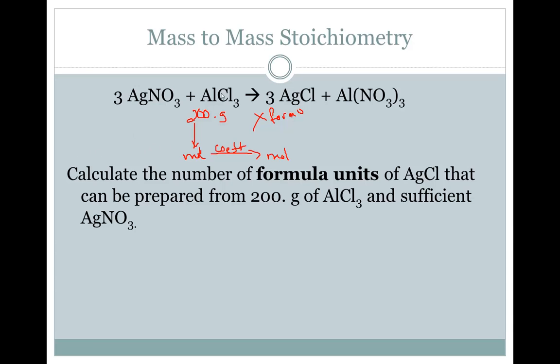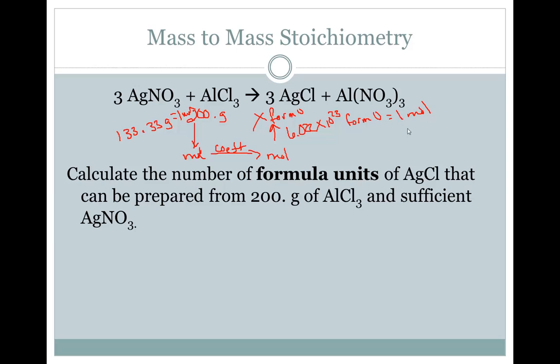So 133.33 grams is 1 mole. Moles to formula units is 6.022. Formula units is one of the key terms for Avogadro's number. Atoms, ions, molecules, and formula units are the 4 words you look for the 6.022 number.